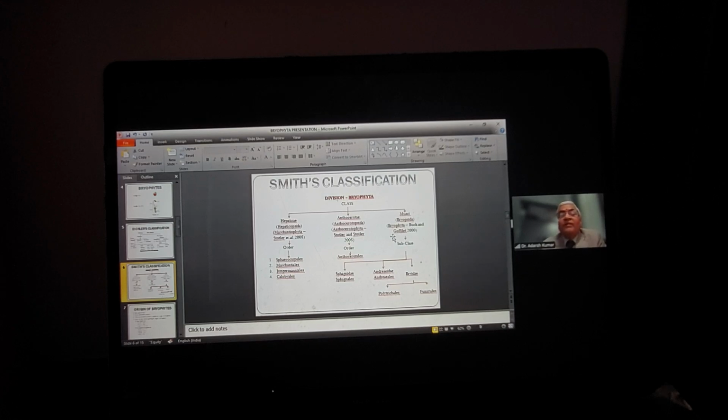So there is a concept of subclasses, and these subclasses are the Sphagnidae, Andreaeidae, and Bryidae. The Bryidae has two orders, Polytrichales and Bryales. Andreaeidae has Andreaeales, and Sphagnidae has Sphagnales. So this is a brief concept of the Smith classification, which is in your syllabus.